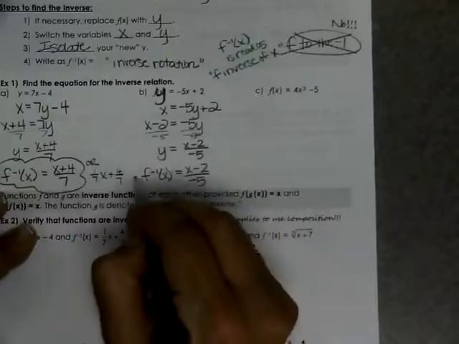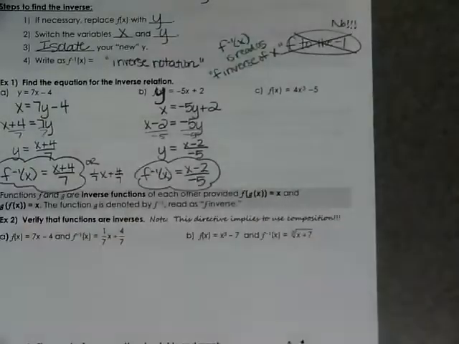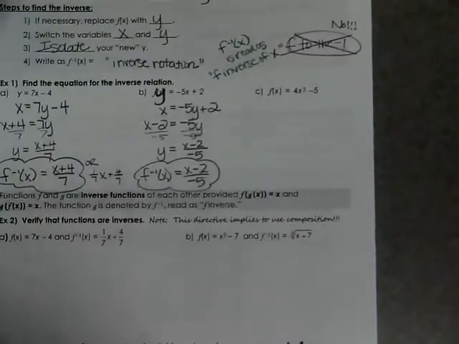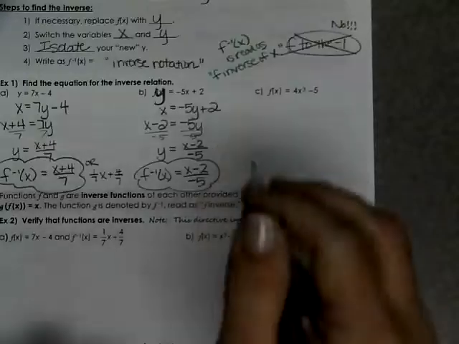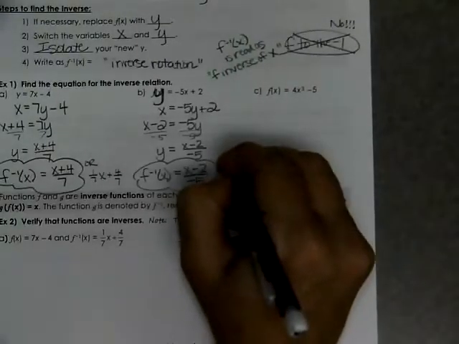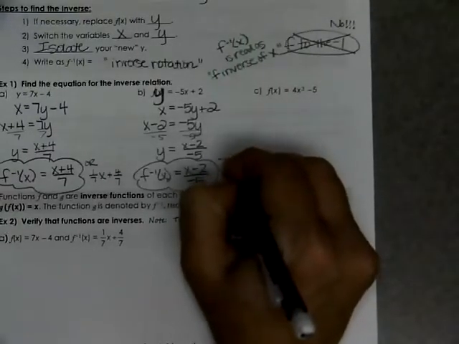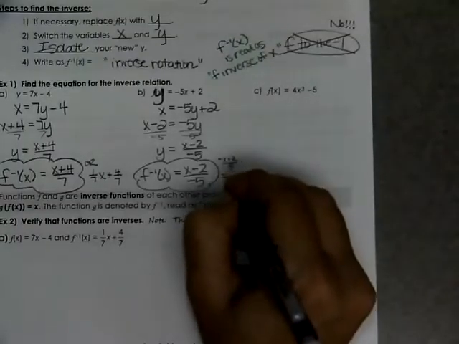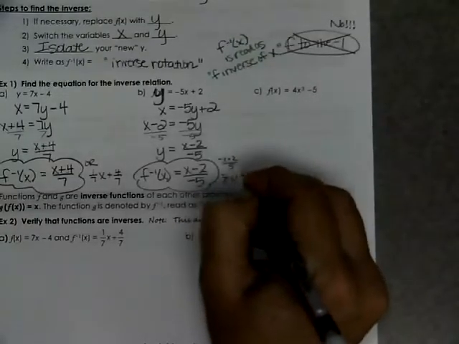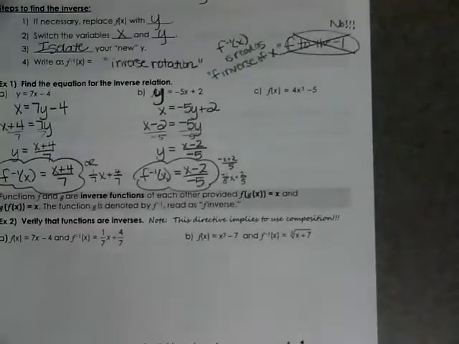And so we can say that f inverse of x is x minus 2 over negative 5. You also could move the negative to the numerator and write it as negative x plus 2 over 5, or you could distribute the 5 to each of the terms and get negative 1/5 x plus 2/5. These are all equivalent forms of that inverse function.